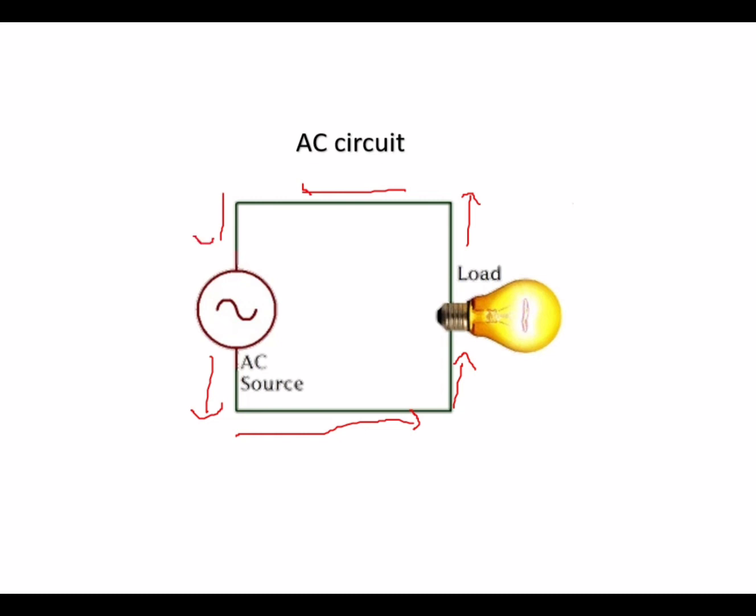But what makes it unique from the DC circuit is they only travel like this for a short distance and a short period of time, depending on the frequency, and then they stop and switch, just like this.